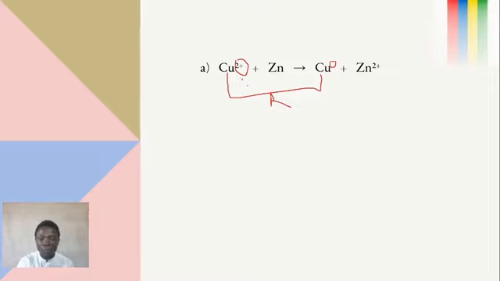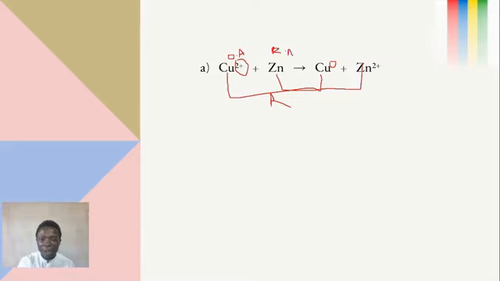Meaning that copper 2 has been reduced, and because it has been reduced, it becomes the oxidizing agent. That's why we said the oxidizing agent is one that is being reduced, and the reducing agent is one that is being oxidized. So without much explanation, you know that zinc becomes the reducing agent.